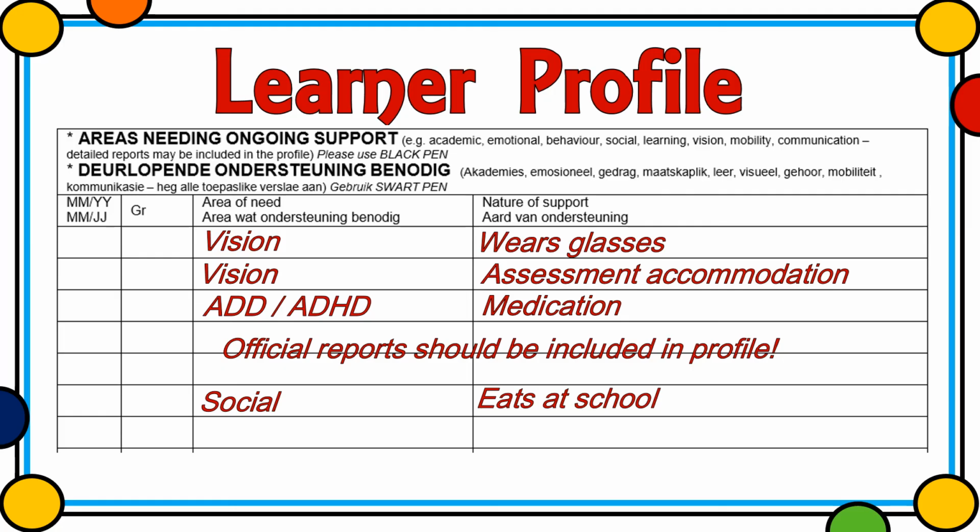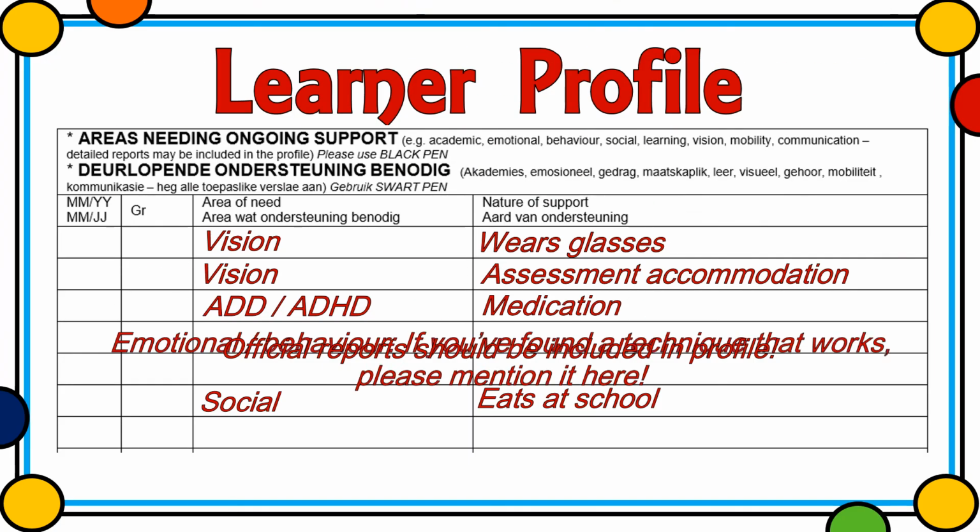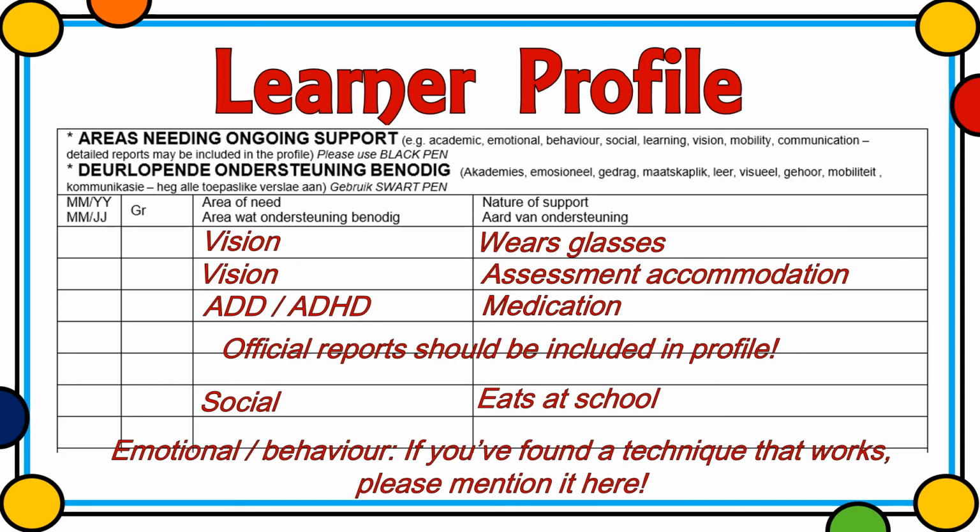Every teacher, every year, needs to know whether this child should be excused and should receive feeding at school with the school's feeding scheme. Emotional or behavioral challenges. If you found a technique that works, you must please also mention it here.